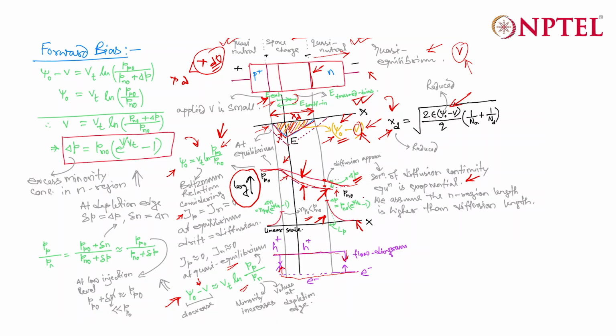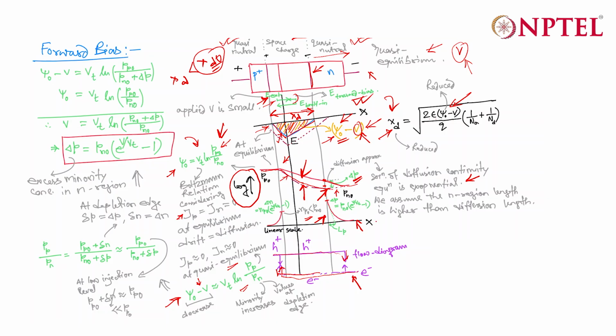So the same will happen in the N side also. Some of the electrons will recombine with the holes that are coming from the P side, and the rest will cross the space charge as it is shown here and will recombine with the excess holes in the P side, right?